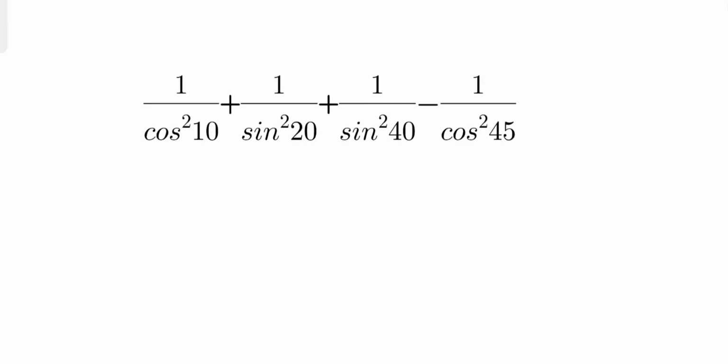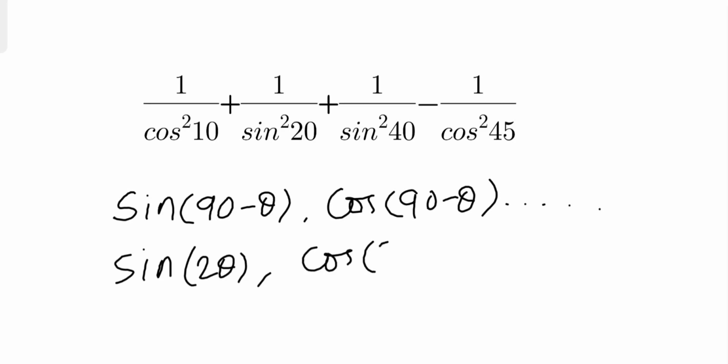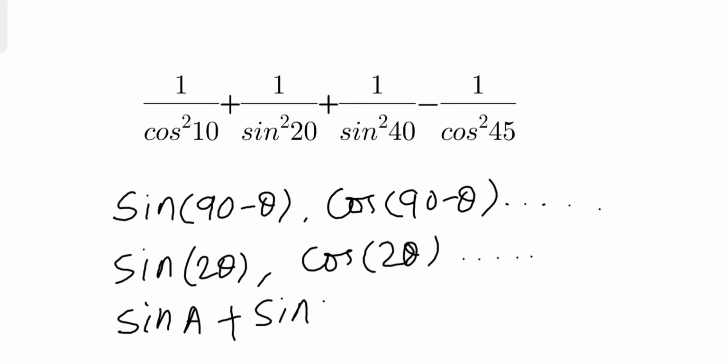Here we are going to use many formulas of basic high school trigonometry, like sin 90 degree minus theta and cos 90 degree minus theta, or the double angle formulas sin 2 theta and cos 2 theta, and something like sin a plus sin b and cos a plus cos b.